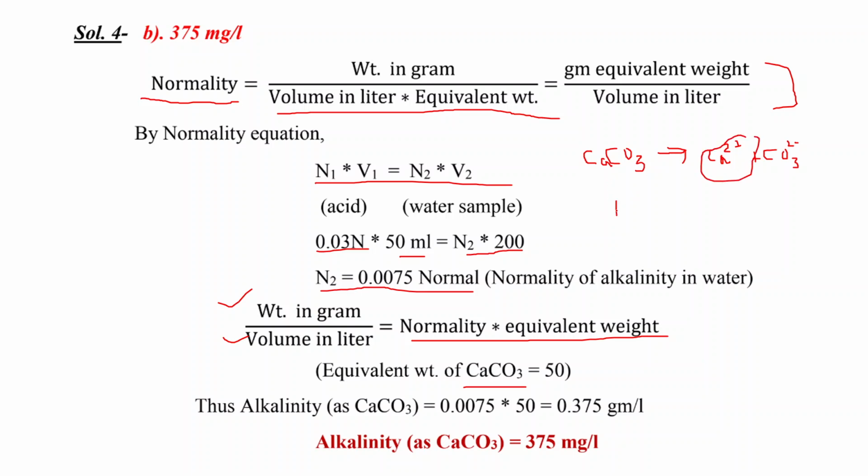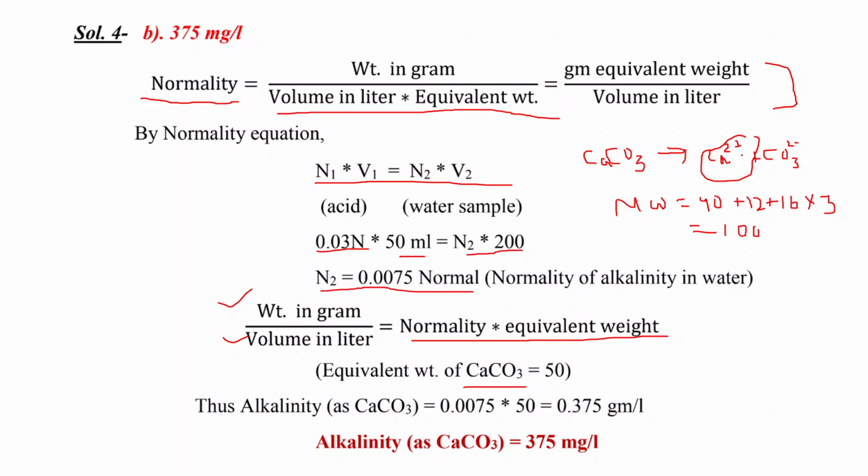The molar mass or molecular weight is 40 plus 12 for carbon plus 16 for oxygen into 3 because there are 3 oxygen atoms, which is giving us 100.